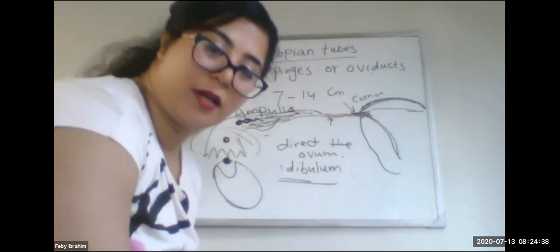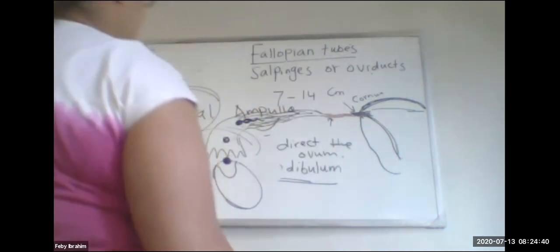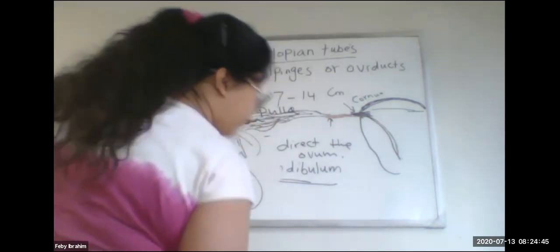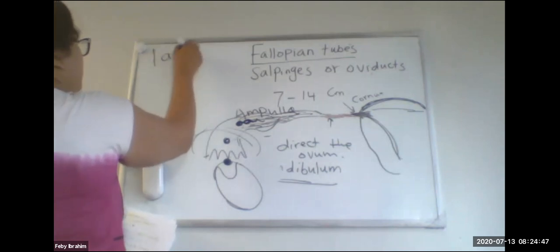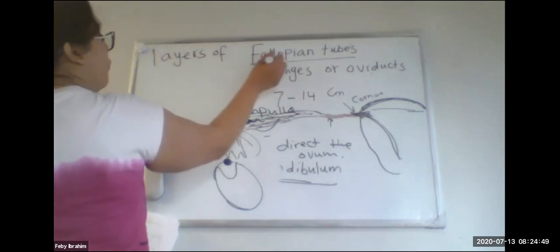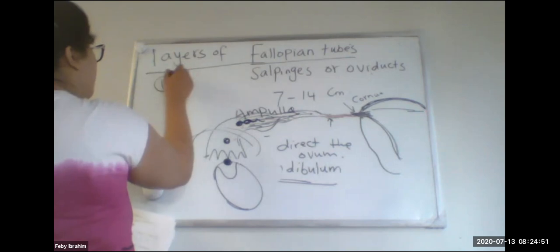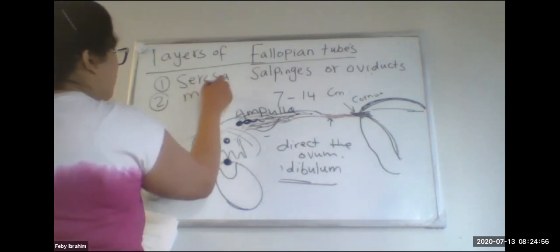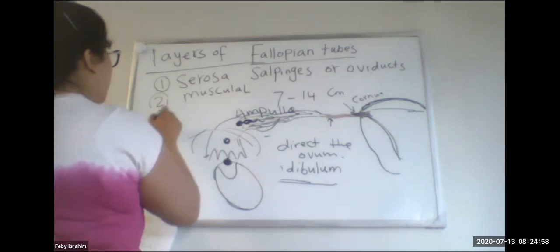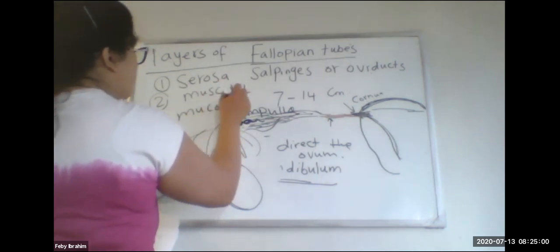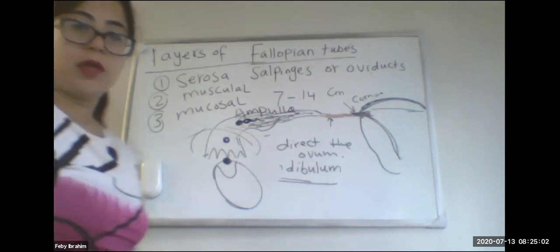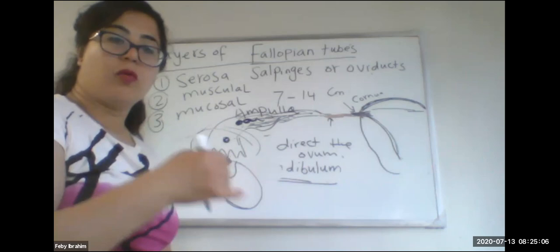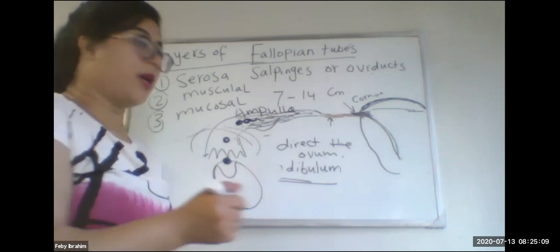What are the layers of the fallopian tubes? The layers of the fallopian tubes are similar to the layers of the uterus. We have the serosa, the muscular layer, and the mucosal layer. Do you remember in the layers of the uterus, we have the perimetrium, myometrium, endometrium.